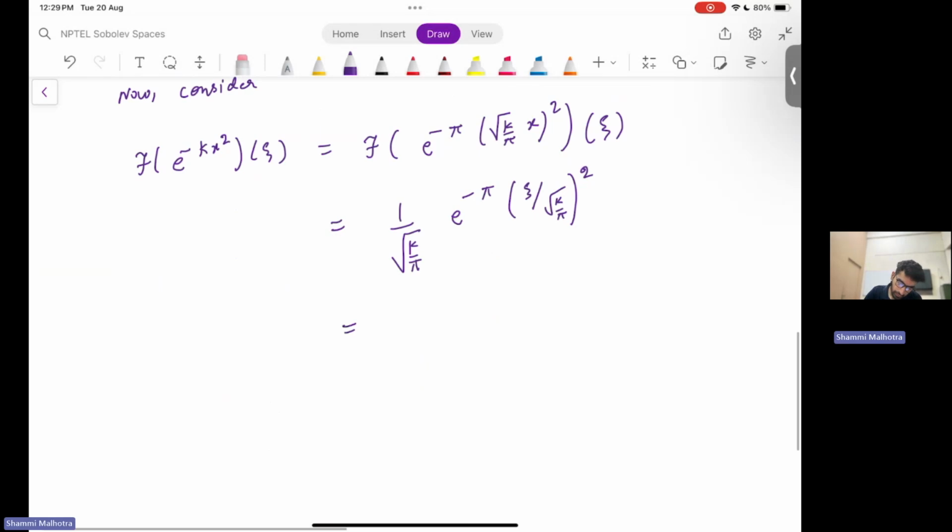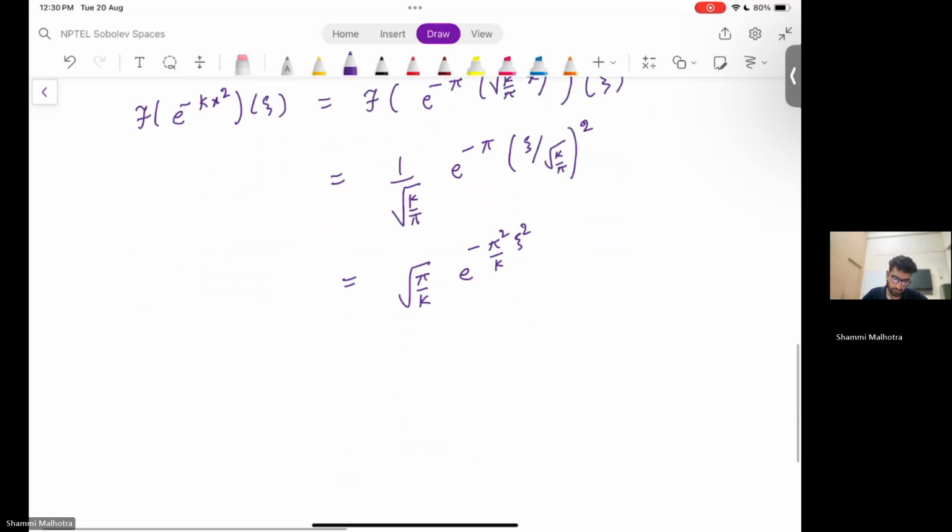So this is nothing but root of pi by k e to the minus pi square xi square, whole divided by k. So this gives us the general Fourier transformation of e raised to the power minus k x square.